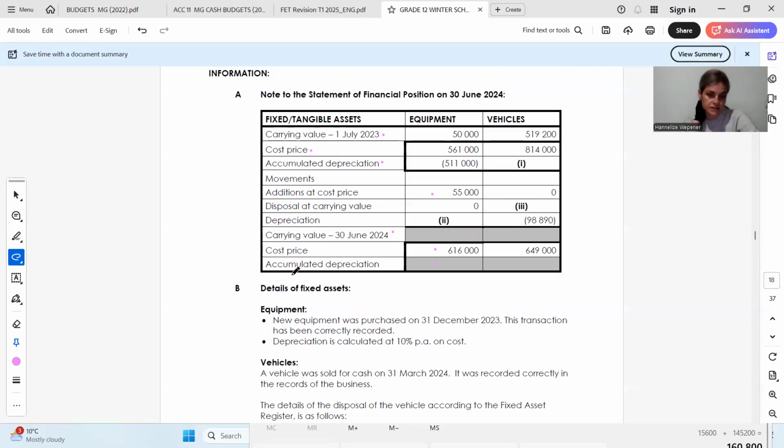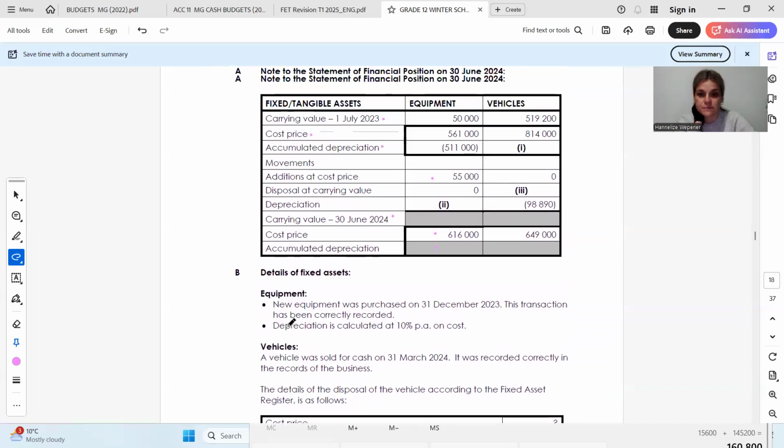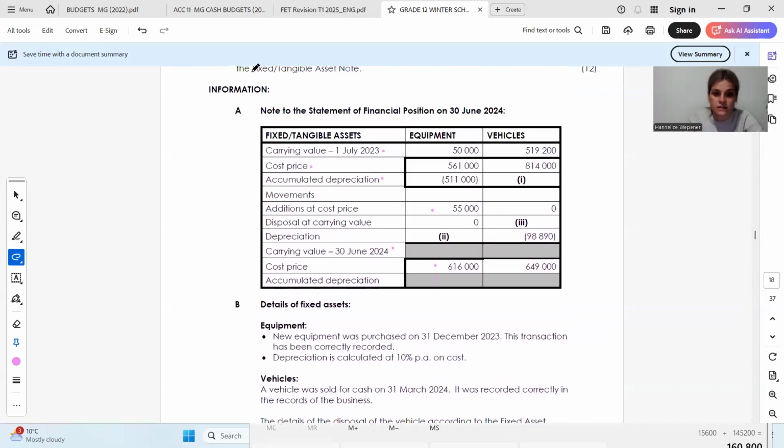Let's look at the details regarding our fixed assets. So it says that new equipment was purchased on the 31st of December, and this transaction has been correctly recorded. Depreciation is calculated at 10% per annum on cost.